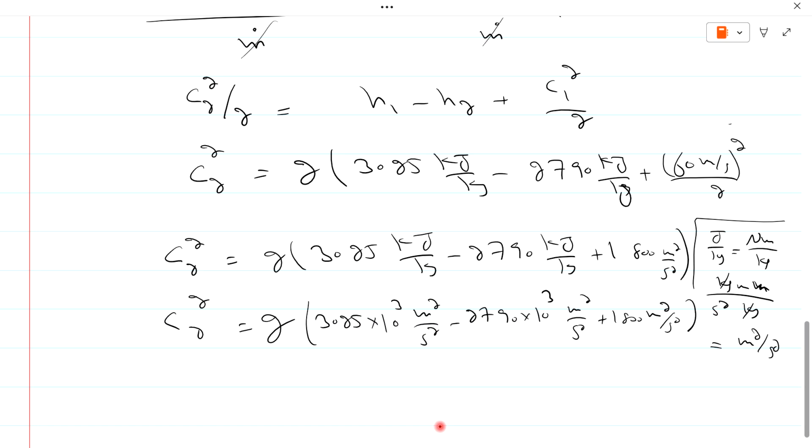So C2 square, add these two, minus this term, and then multiply by 2.